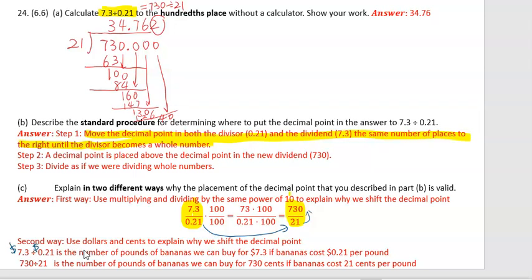We can turn both decimals into cents. $7.3 equals 730 cents, by multiplying by 100, because $1 equals 100 cents, and $0.21 turns into 21 cents. And that means when we divide dollars by dollars, we should get the same answer as cents divided by cents.